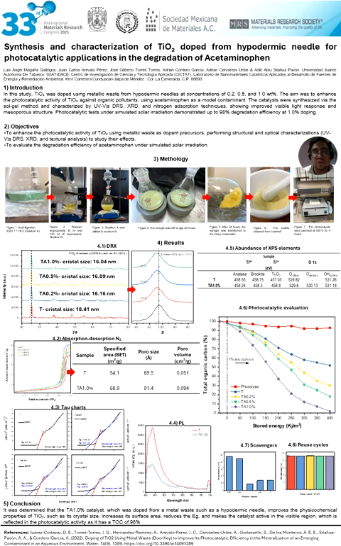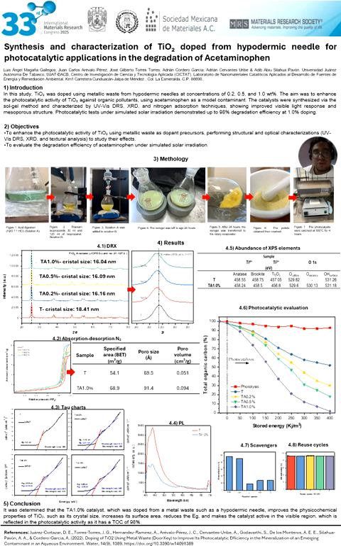Section 4.7, scavenger tests use EDTA for holes, benzoquinone for superoxide radicals, silver nitrate for electrons, and butanol for hydroxyl radicals. In the graphic, we can see that EDTA and benzoquinone reduce activity, so holes and hydroxyl radicals are the main species.